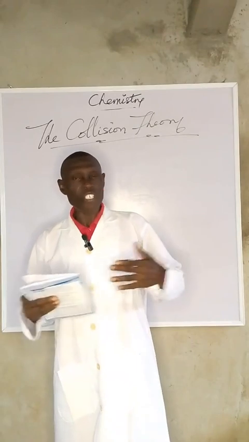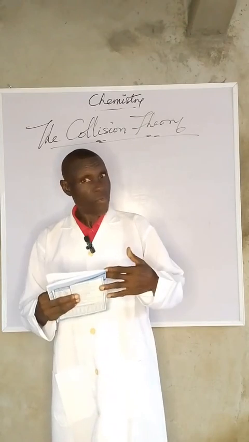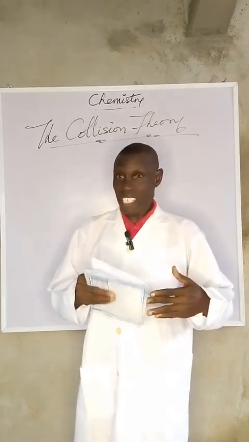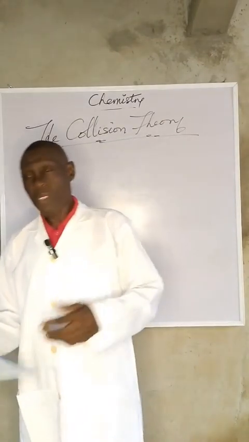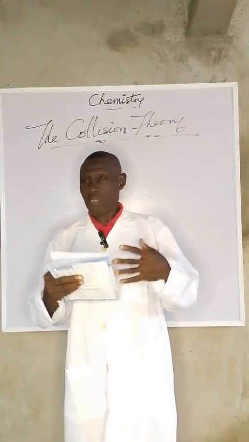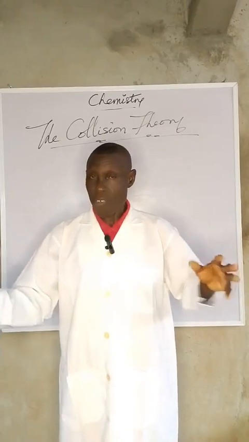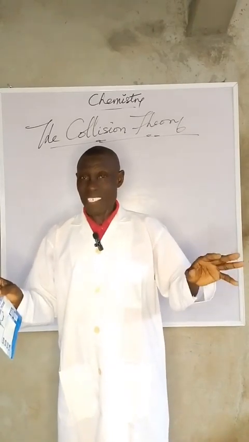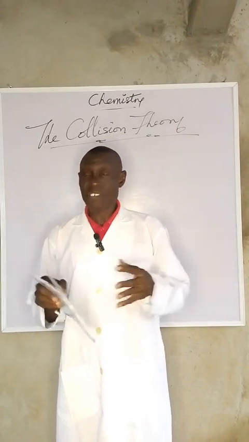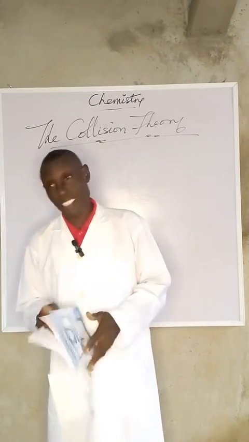It is the collision of these particles, ions or molecules that determines the reaction that leads to the formation of the product. Before that happens, the force of attraction in the individual molecules, atoms or compounds must be stressed. They are called bonds, and they must be stressed and broken to enable these particles to react or collide. If there's no breakage of bonds, it means no reaction will take place.